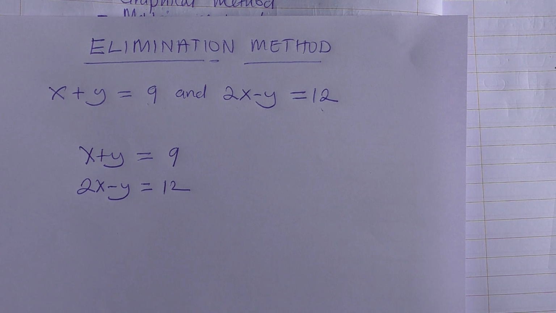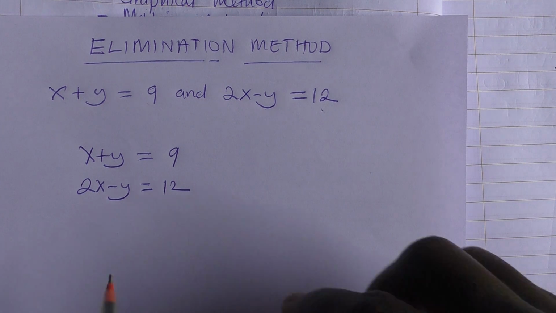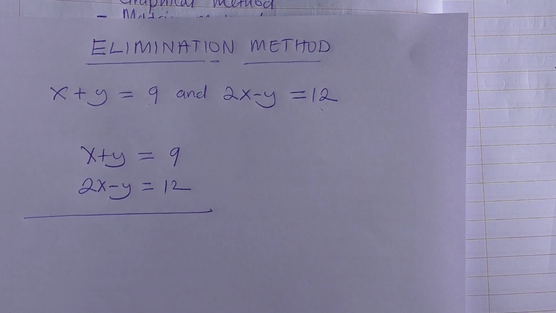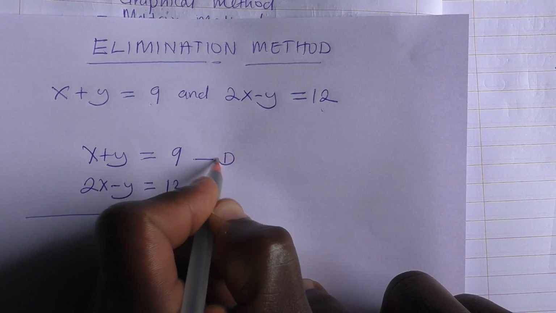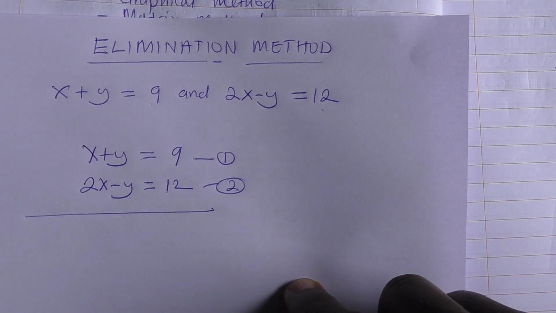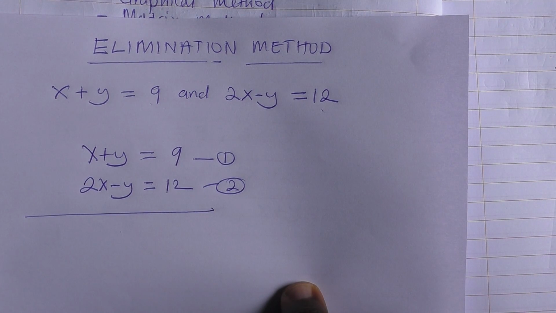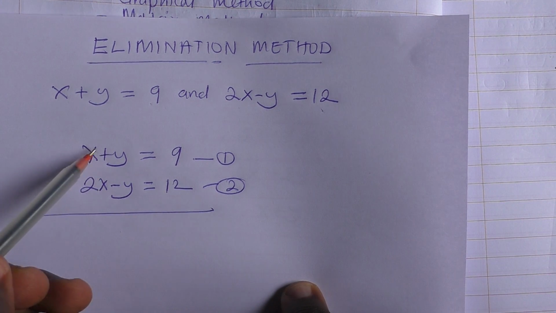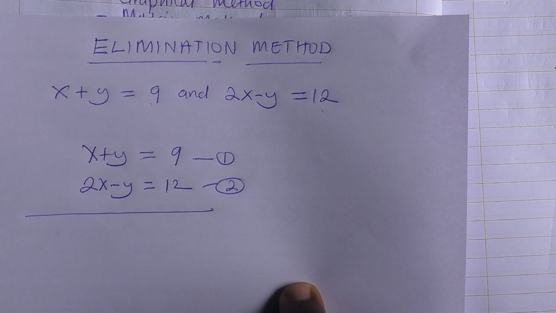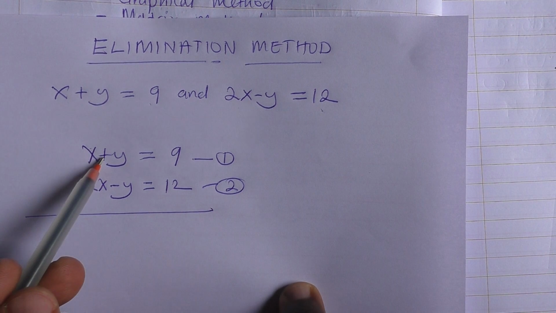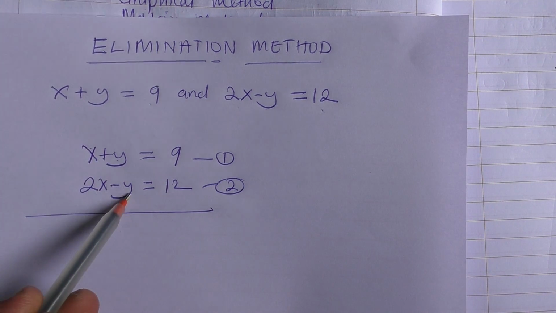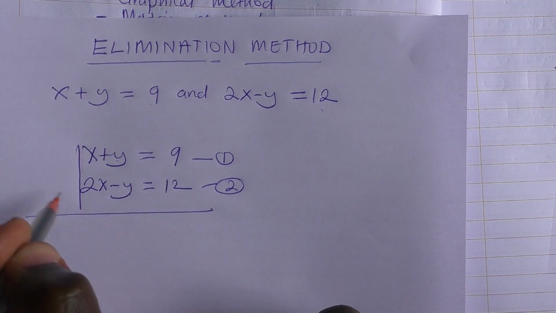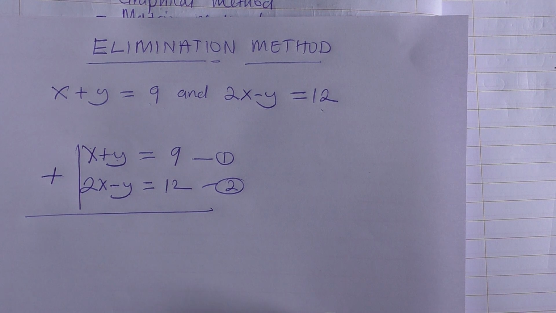For the first example, I'm eliminating y. And how do I eliminate y? I have equation 1 and equation 2. I've realized that when I add equation 1 and equation 2, since this one is a plus y and this is a minus y, when I add the 2, they will cancel out.